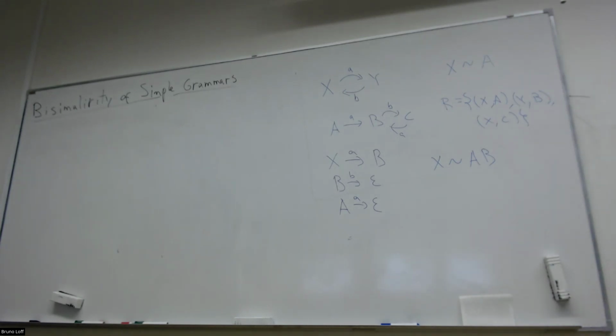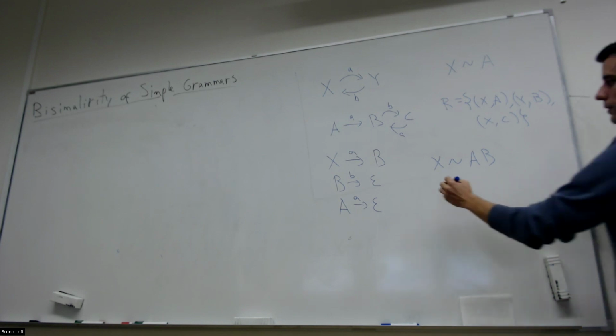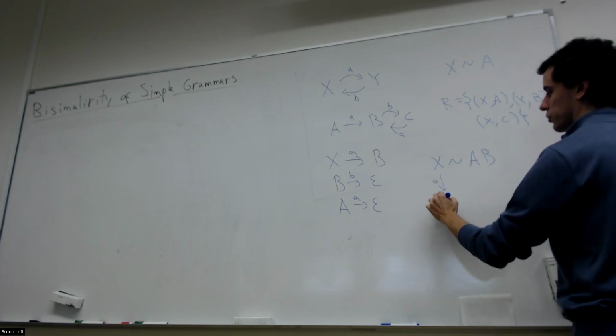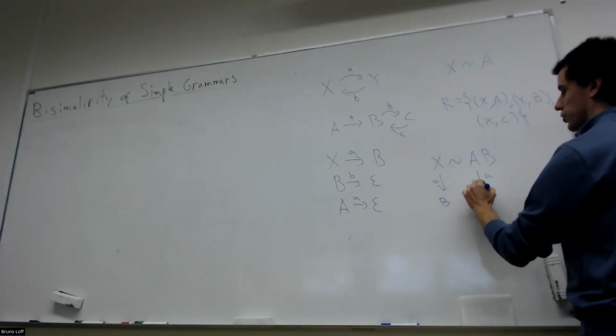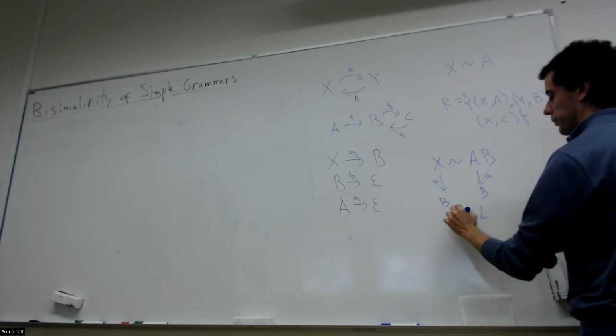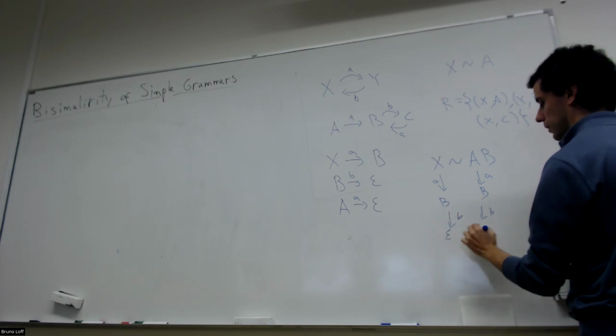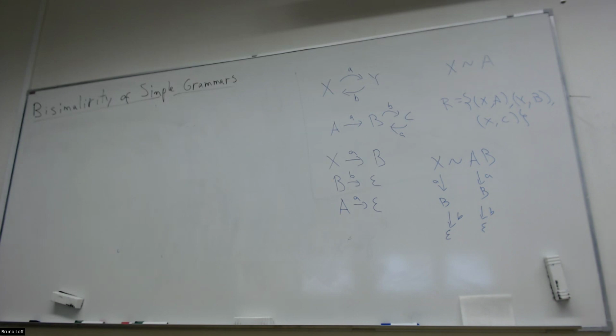Both have a transition by a, this goes to b, and this goes to b, and then both have a transition to the empty word. So the empty word is always bisimilar with itself, because there are no transitions there.